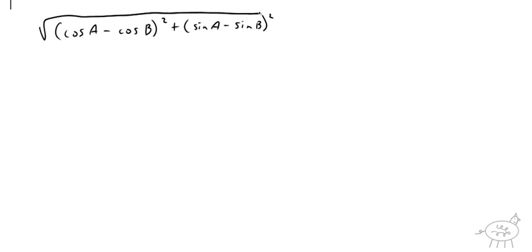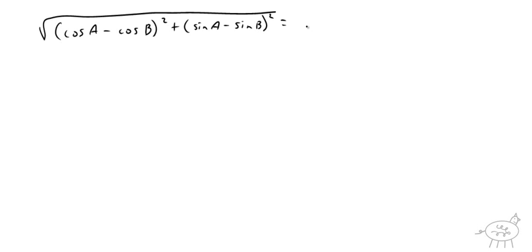Alright, so the distance formula, Sassy formula: it's cosine of A minus cosine of B squared plus sine of A minus sine of B squared. Of course, this is the square root of that.